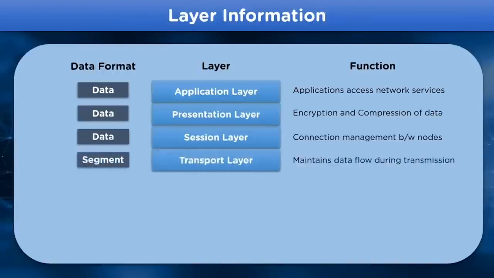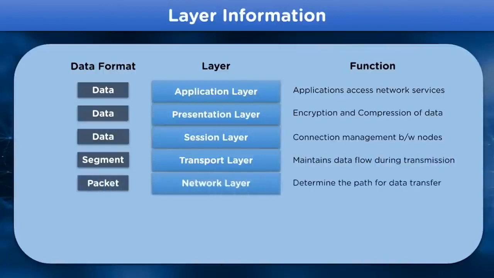Then we have the transport layer, which oversees that the data is transferred without any error and is in the same pattern needed by the destination system. The data format handled by this layer is the segment format. Next, we have the network layer, which determines the path for the data transfer.